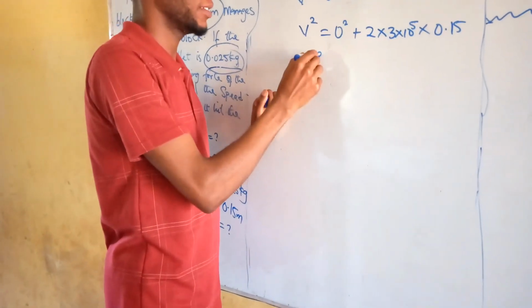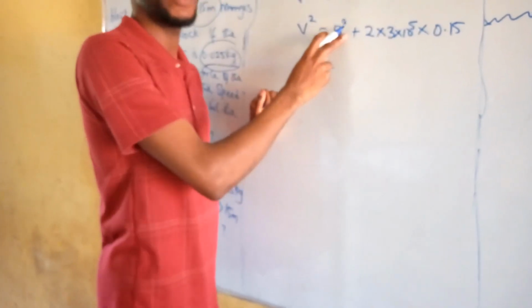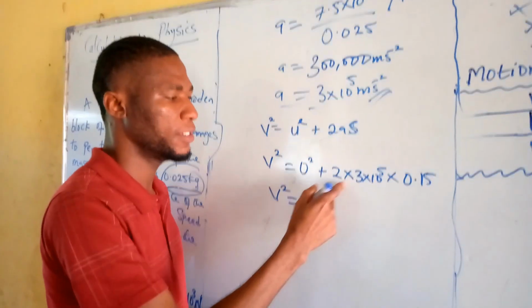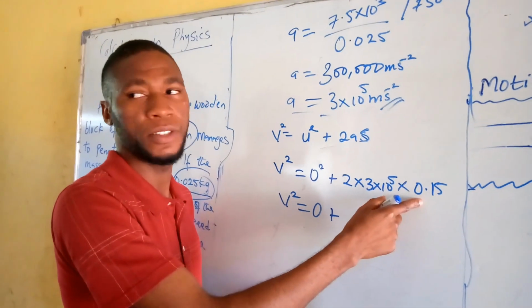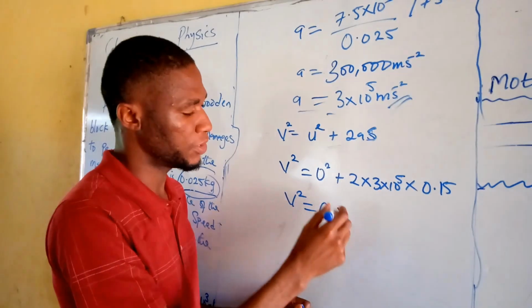So multiplying, this square is going to still give us 0. This times this is going to give us about 600,000. So times this is going to give us 90,000.